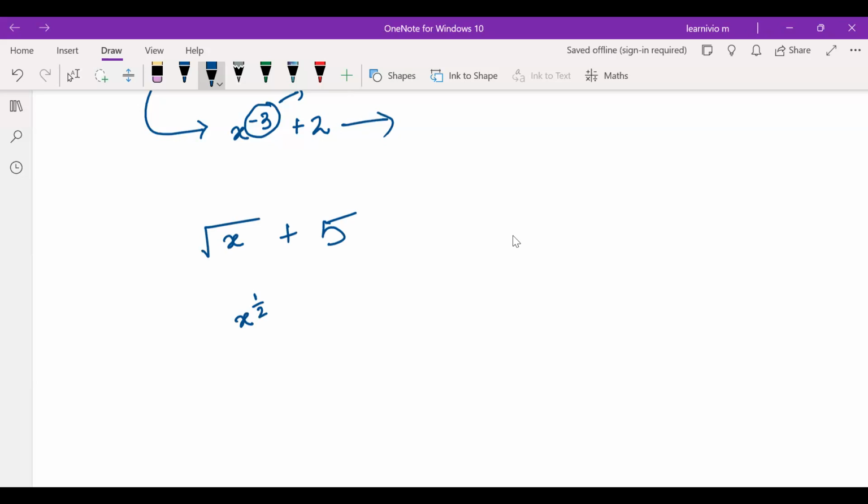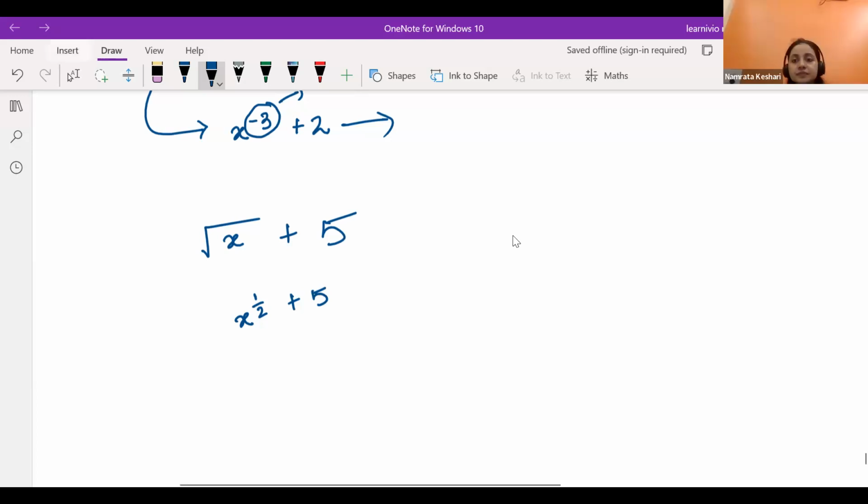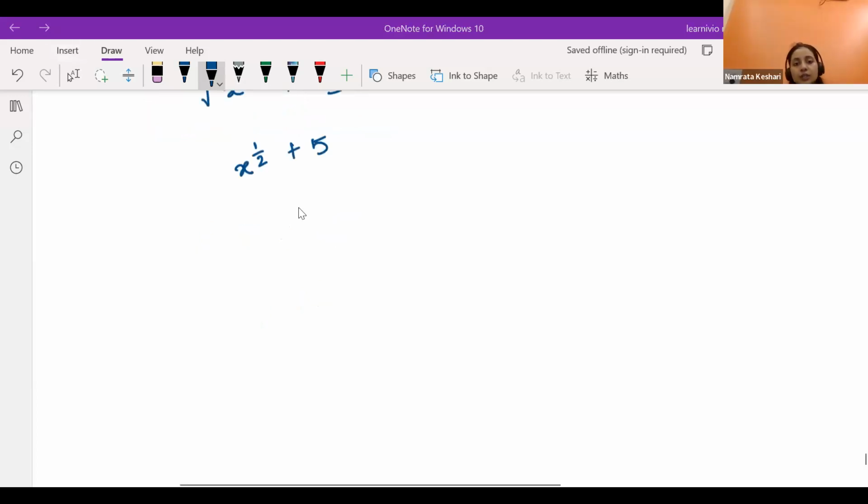For whatever variable you can see in the algebraic expression, that variable's exponent has to be a whole number. If that is not the case, then it's not a polynomial. So far, is it clear to everyone? Yes, ma'am. Okay? This is not a polynomial because the power is 1 by 2, which is not a whole number. However, if we have square root of 2x plus 5, is it a polynomial?